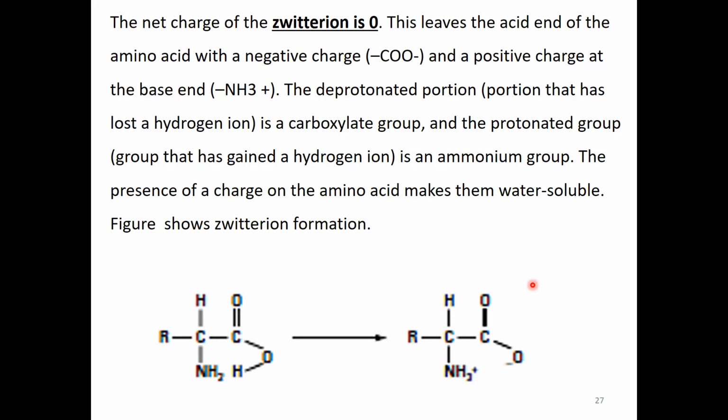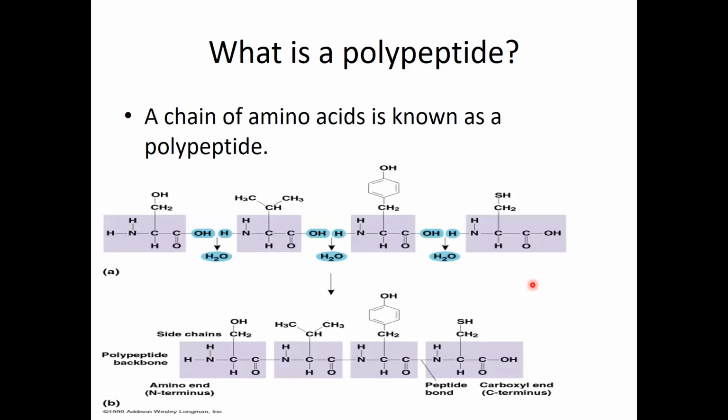So this is very important. This is the structural property. If anyone asks you what the structural property is, it is the formation of zwitterions: there is a loss of a hydrogen ion from the carboxyl side and a gain of hydrogen on the basic side.